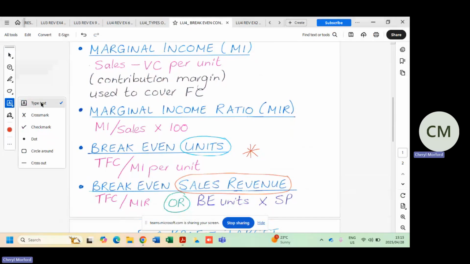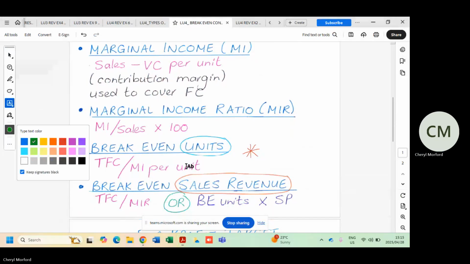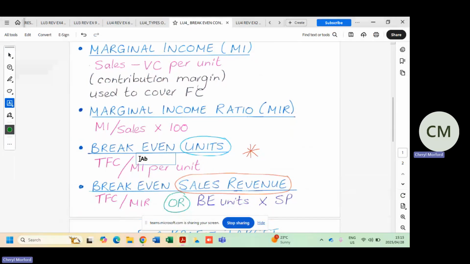So I just want to give you some alternative terminology for marginal income per unit, and that is contribution margin per unit. It means exactly the same thing. So marginal income per unit or contribution margin per unit are one and the same thing.